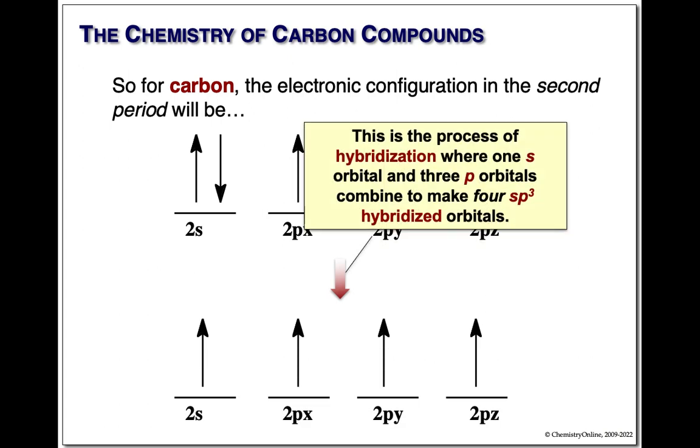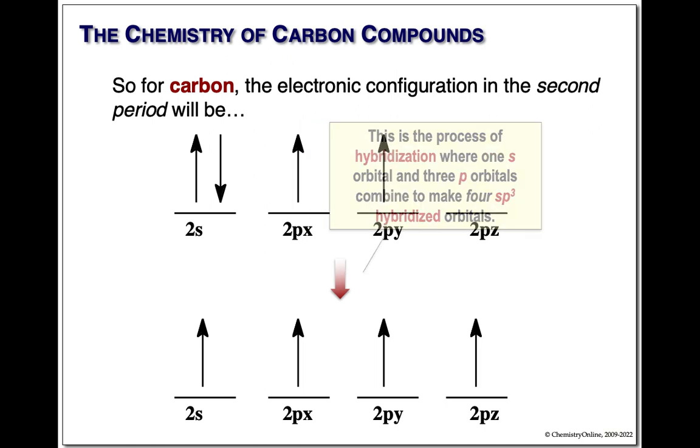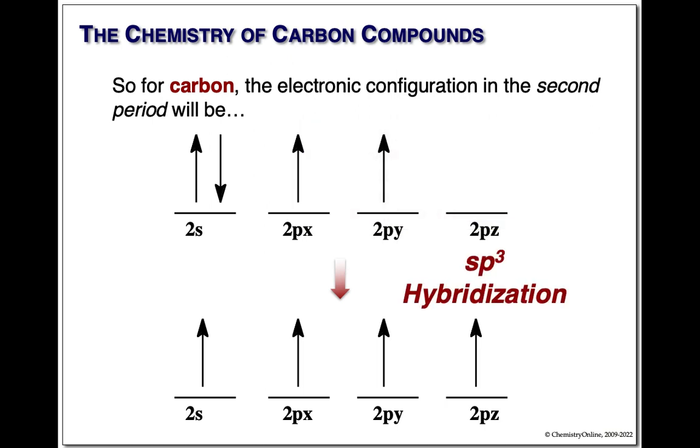This is the process of hybridization. Basically, you look for the lowest energy configuration around the central atom. And in this case, 4 single unpaired electrons is the lowest energy configuration. Again, this is sp3 hybridization. Remember that.